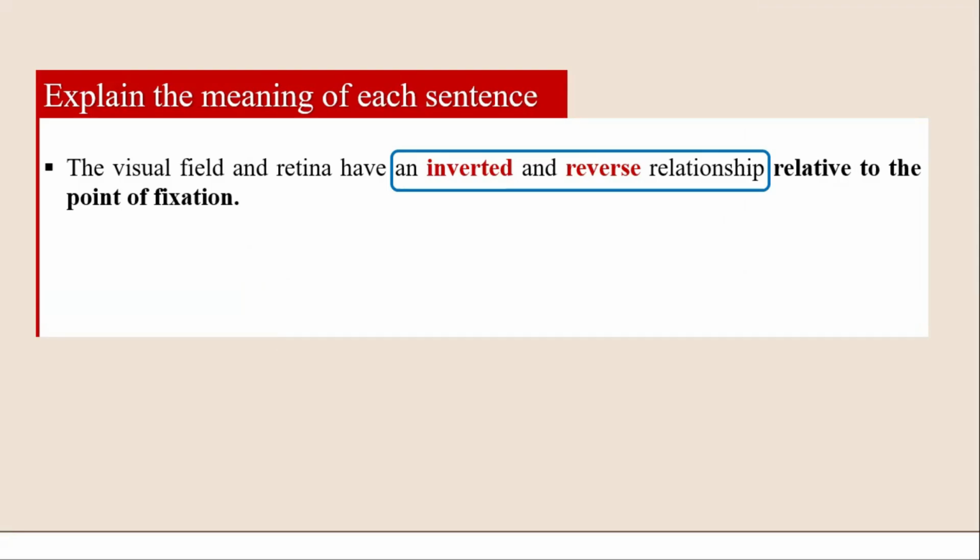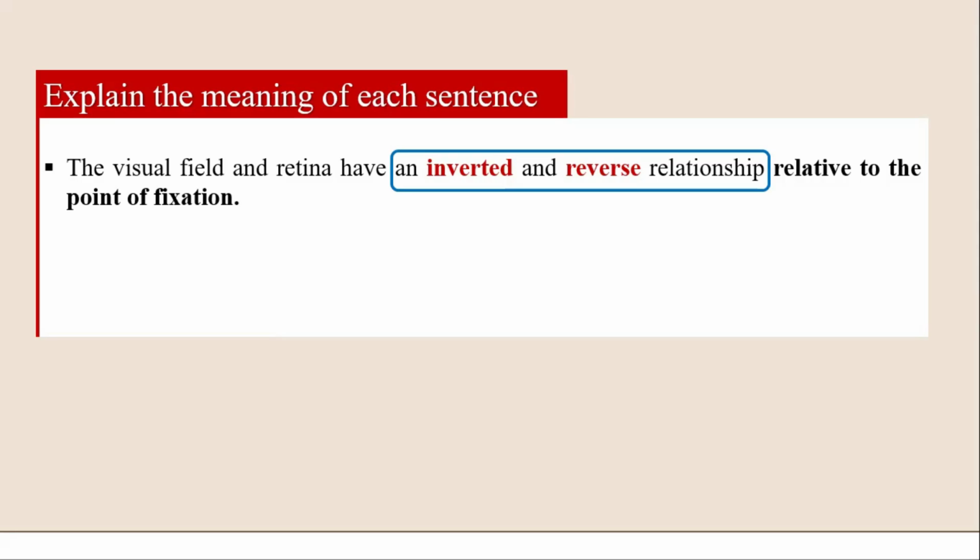Excellent. The relationship between the image by indirect ophthalmoscopy and the retina is inverse and inverted. We have another area in ophthalmology with this inverted and reverse relationship, and it's still relevant to the subject we are talking about.